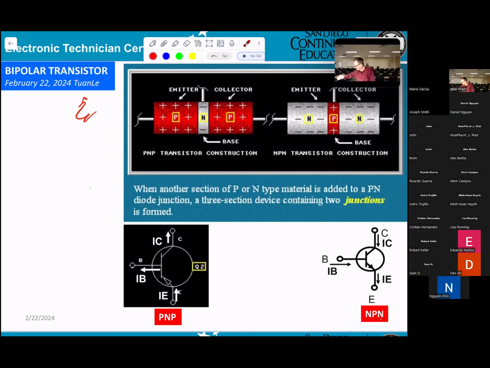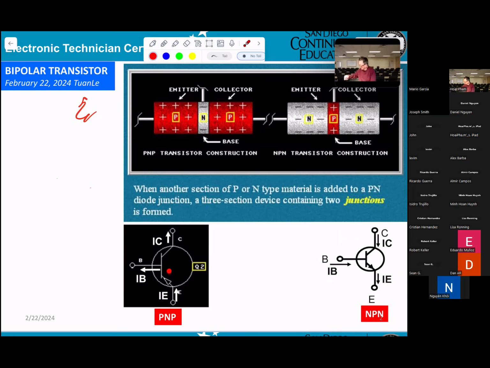So basically you get two diodes: PN one diode, PN another diode. That's why in this NPN you can see two diodes. One will be from the base to the emitter, another from the base to the collector.